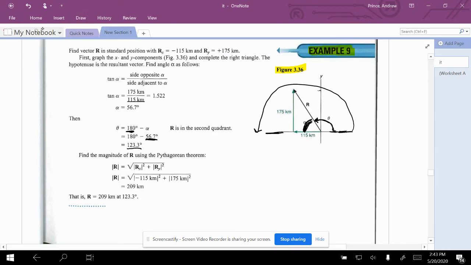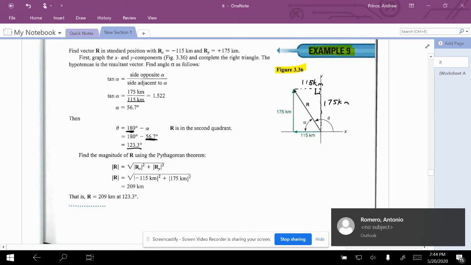So if that doesn't make sense and you wanted to look at it from a different perspective, I probably would have solved this triangle a little bit differently here. I would have had this be my right triangle, and then I would have said, okay, I got 175 on this side of that, and 115 on this side.